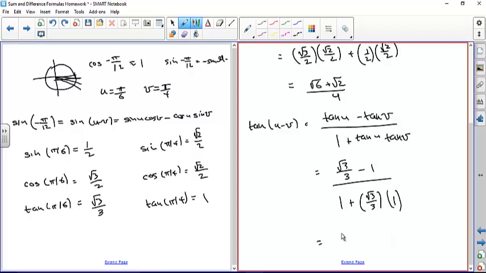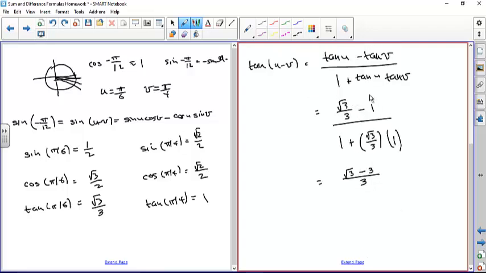If we combine these two again, you'll end up with the square root of 3 minus 3. So we're multiplying this by 3 divided by 3. That's how you get the 3 in the denominator of the numerator. So square root of 3 minus 3 over 3.